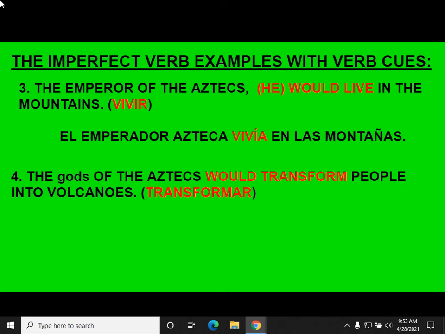The gods of the Aztecs would transform people into volcanoes. That's kind of scary. Okay, so what are the gods in Spanish? So los dioses, because it's gods, right? Los dioses aztecas. Okay, so we're going to conjugate transformar for they. So what would transformar be for the they form?